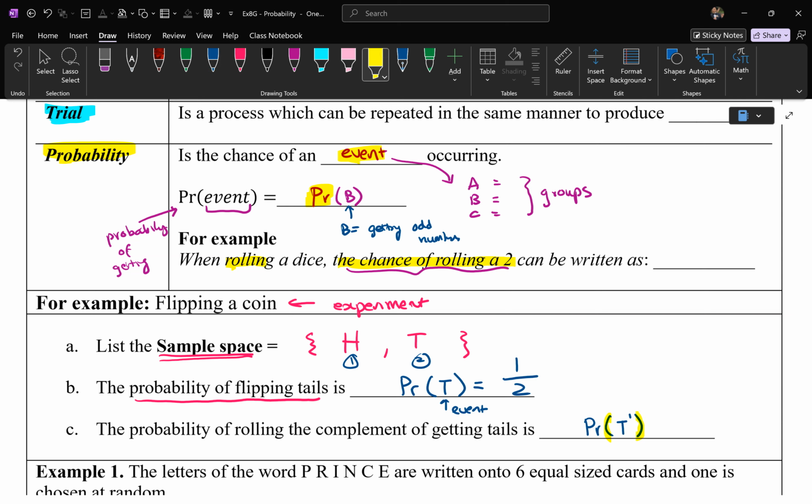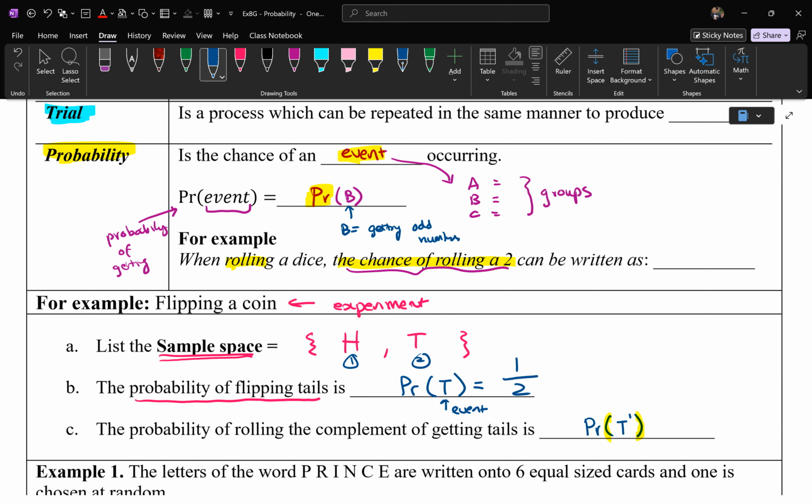A lot of students skip this. You can see my year 11 students, if I open up their book, you'll see the students who aren't careful with their notations are often the students who struggle with maths. They will not have the brackets, okay? Because the brackets, most students don't know how to use. The brackets is key because it tells you what the event is. So PR is the chances, T is getting tails, complement is the dash.